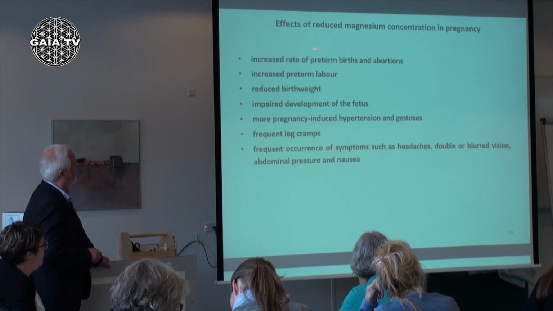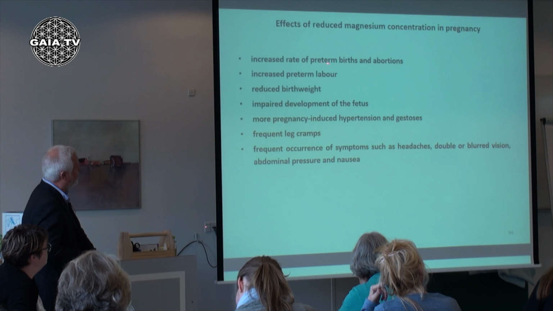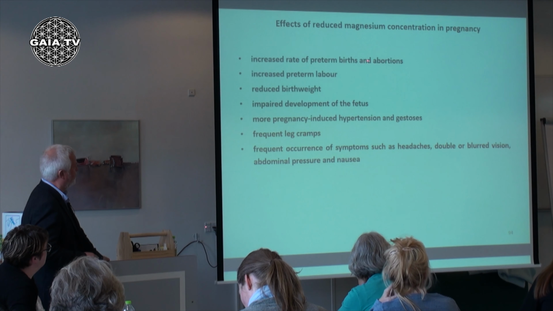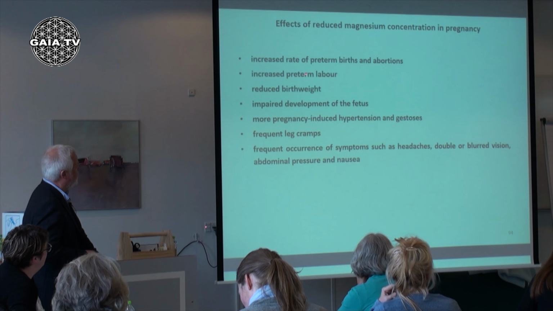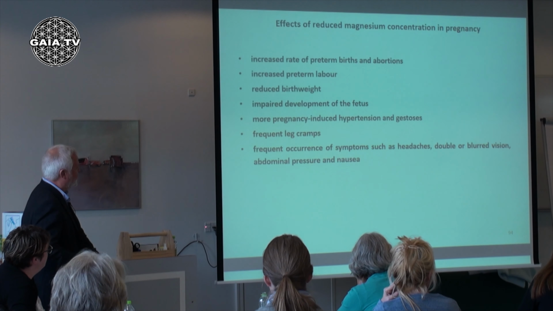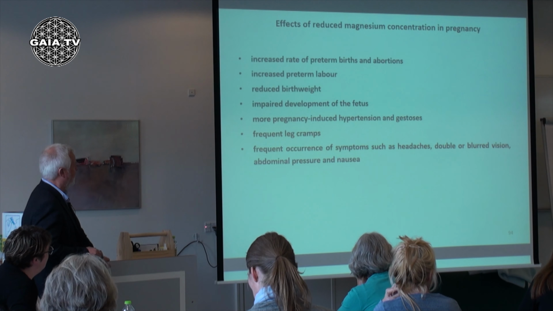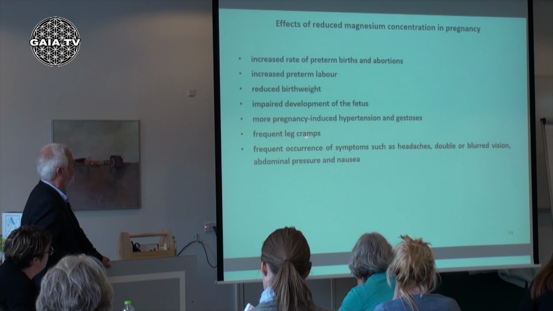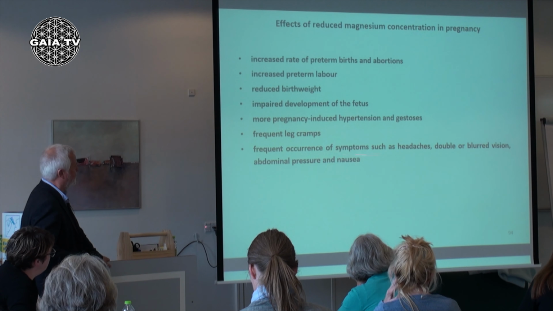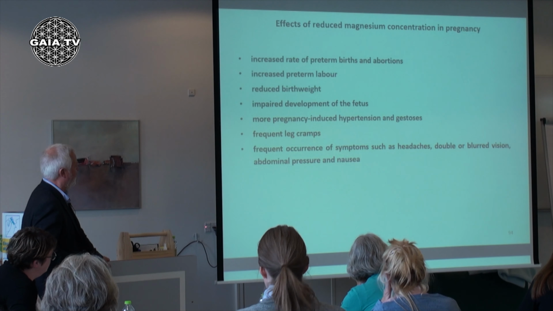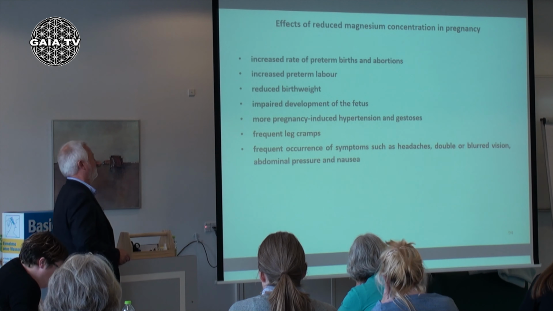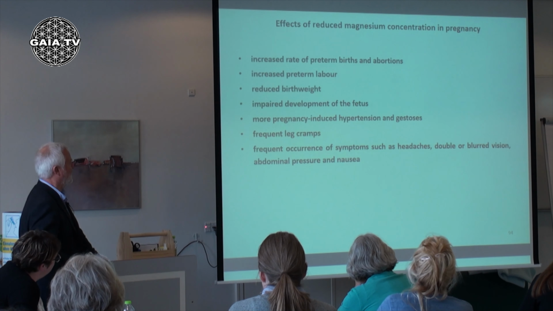If there is magnesium deficiency, there is an increased rate of preterm birth and abortions, increased preterm labor, reduced birth weight, fetus development is impaired, hypertension is increased, leg cramps, of course, occur, and so on and so on. And symptoms, headaches, undefined symptoms, they might be connected to magnesium deficiency.